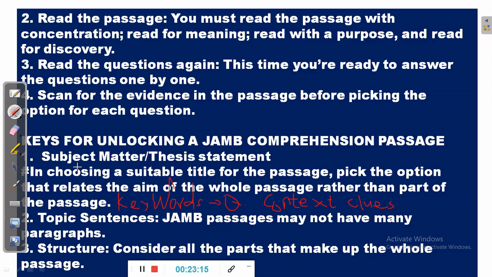Then you can figure out your title from the subject matter and from the thesis statement. Then you have the body of the passage, and then you look at the first sentence or the first and second sentences. That, of course, gives you a clue.